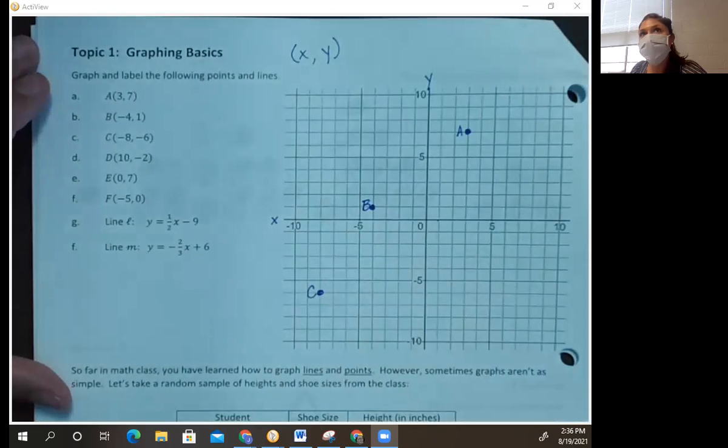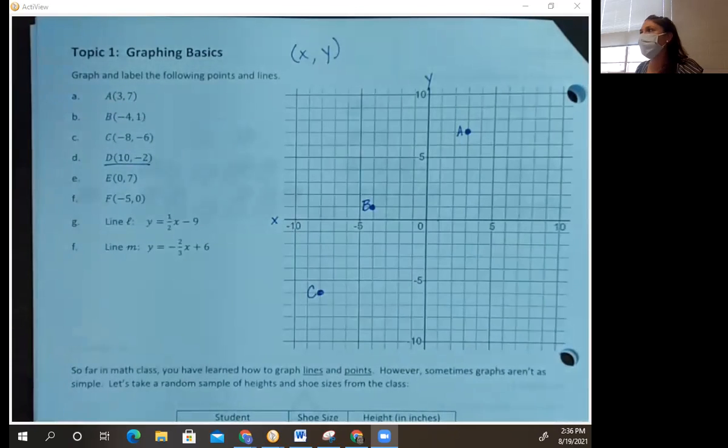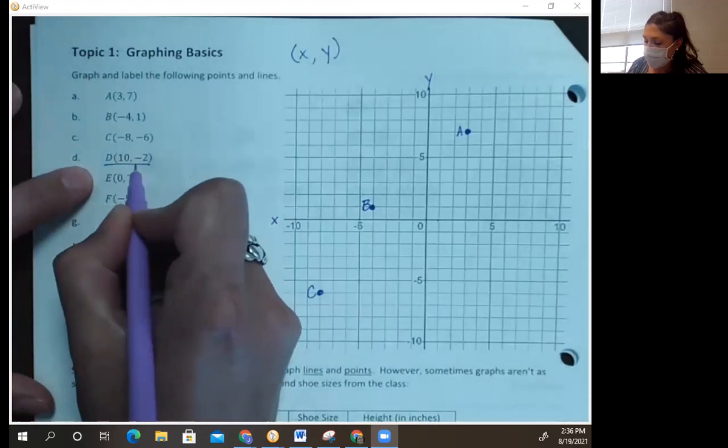There's point C. I would like you now to graph point D. D is 10, negative 2.